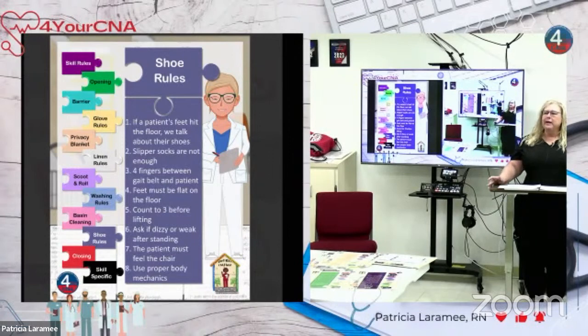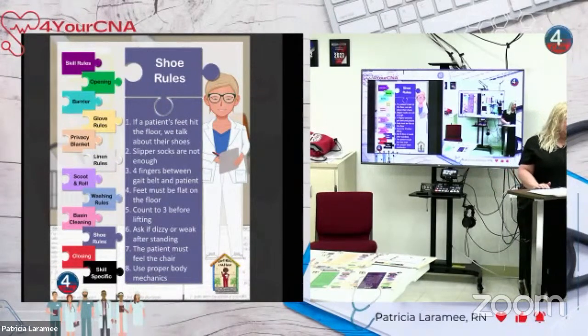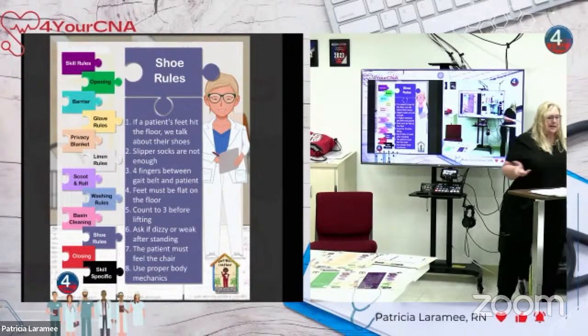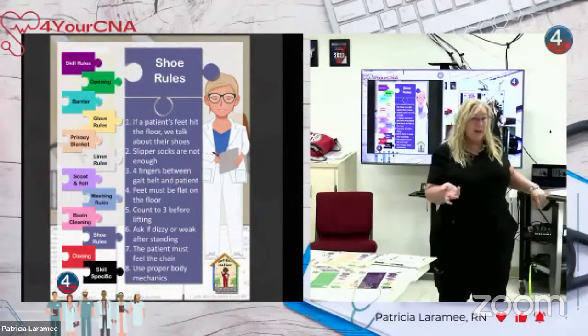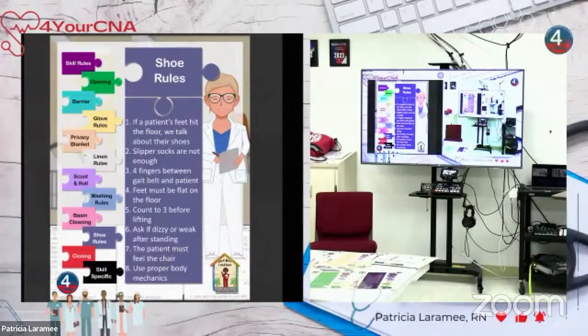So once we know that we've got shoes and we've talked about shoes and everything is good in the world with shoes, then we're going to move on to gait belts. A gait belt is a fancy name, but it's nothing more than a flat canvas belt. It's canvas so that it kind of squishes, so it's not hard and rigid.